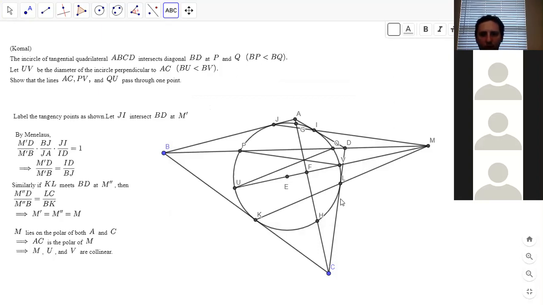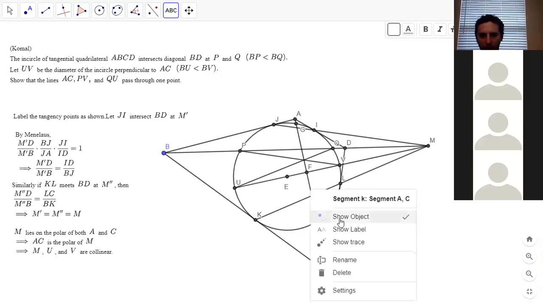The last step is, I think, let's label the intersection of PV and QU. Okay, PV and QU.